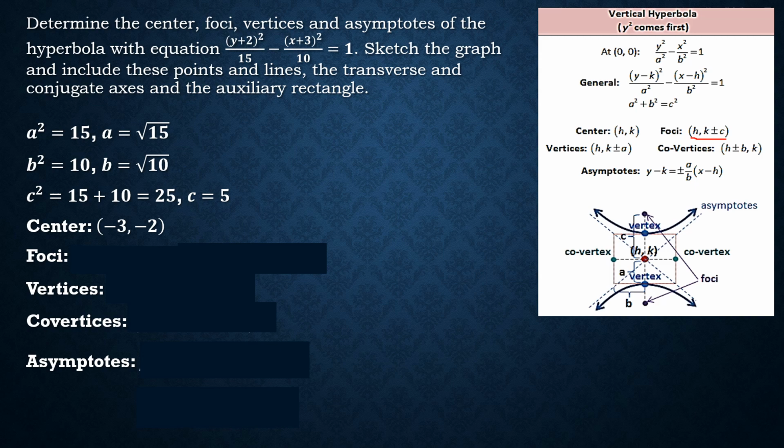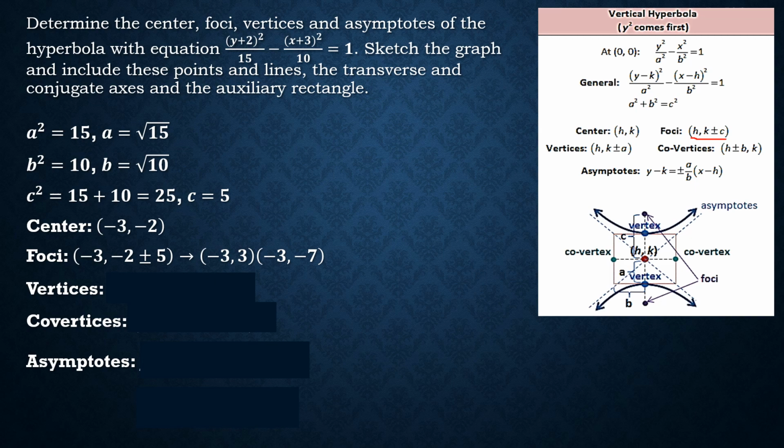So, h is negative 3, just copy negative 3, and then k is negative 2, we're going to add and subtract c, which is 5. Therefore, the foci are negative 3 and then negative 2 plus minus 5. So, let's simplify. We have negative 3, 3, and negative 3, negative 7 for the foci.